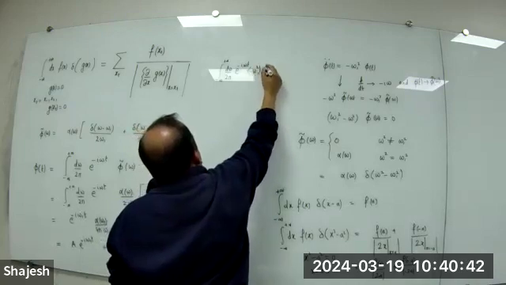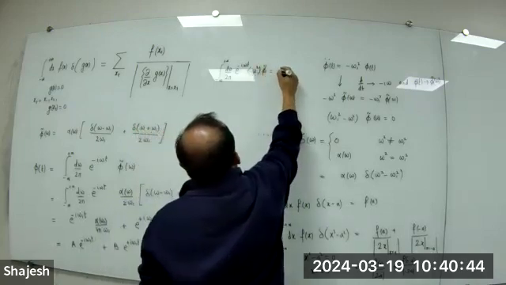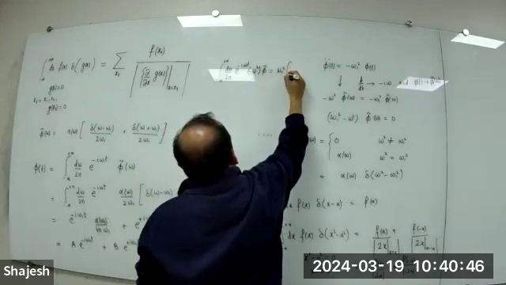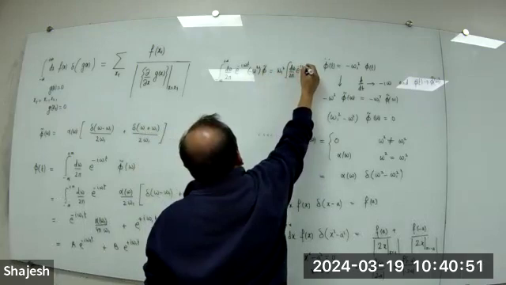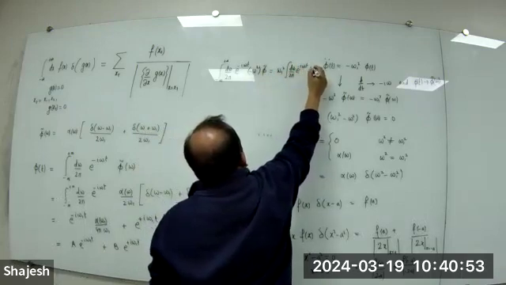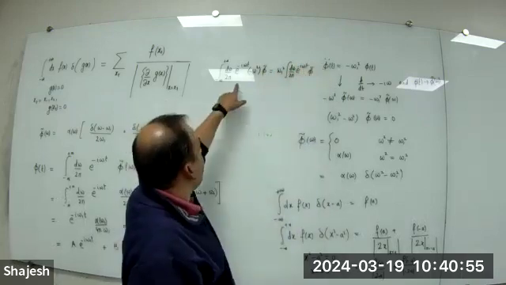And phi tilde, that's equal to omega 1 outside, d omega over 2 pi, e raised to minus i omega t, phi tilde. Right.